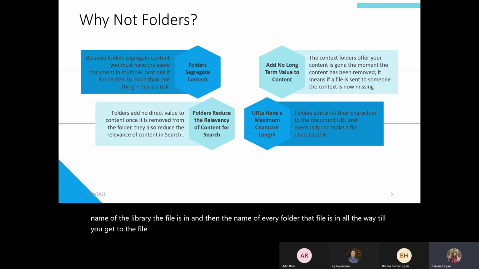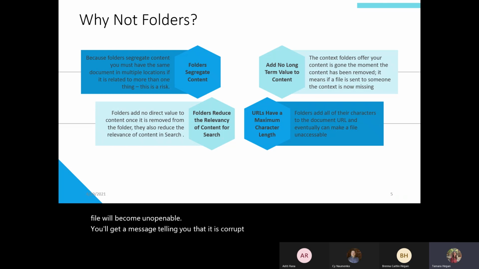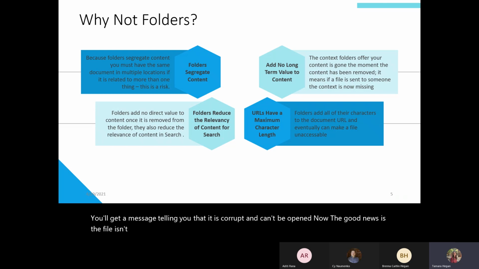And if you exceed the maximum character length for the URL, your file will become unopenable. You'll get a message telling you that it is corrupt and can't be opened. Now, the good news is the file isn't corrupt, but computers are smart and not clever. They don't know how to do a gut check, and they can only do exactly what they're told to do.